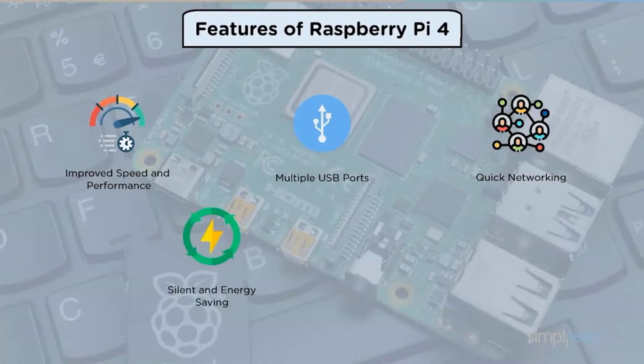Silent and energy saving. The Raspberry Pi is a fanless, energy-efficient computer that works quietly and consumes significantly less electricity than traditional PCs. RAM selection. Depending on how much RAM you need, Raspberry Pi offers multiple variants: 1 GB, 2 GB, 4 GB, and 8 GB RAM.